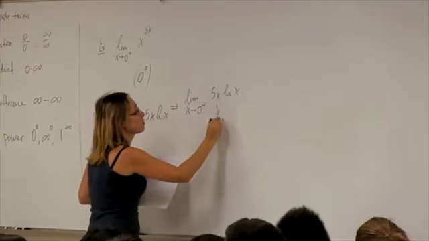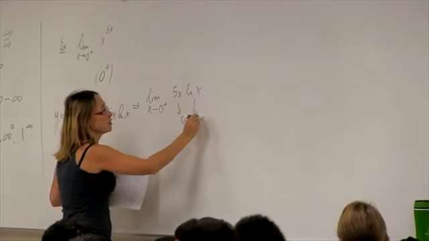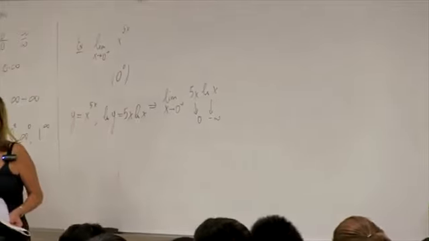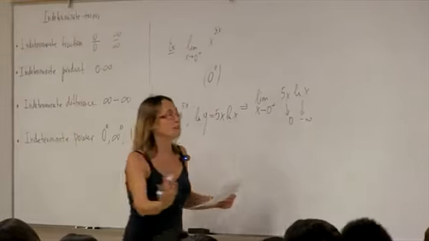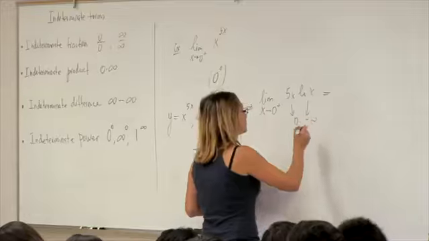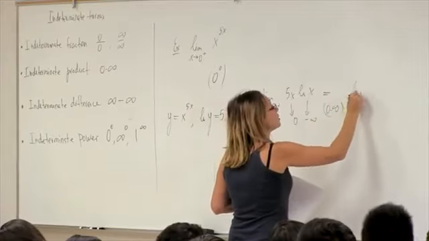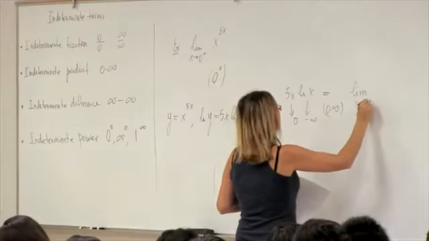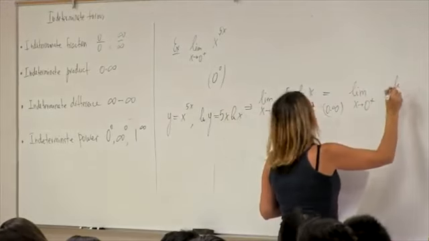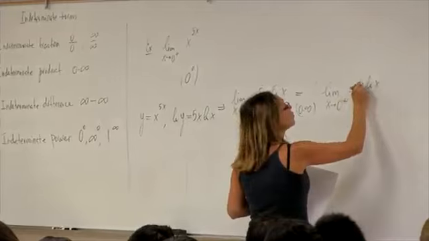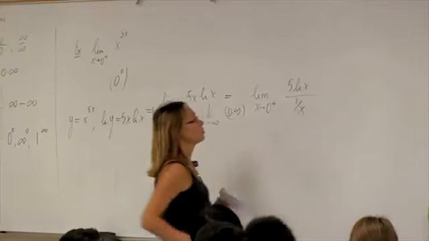This goes to 0, and the log goes to minus infinity. So we have an indeterminate product, as always in these examples. And as the next step, 0 times infinity, we have to turn this into an indeterminate fraction. So we leave the log exactly where it is, and 5, and we divide by 1 over x.